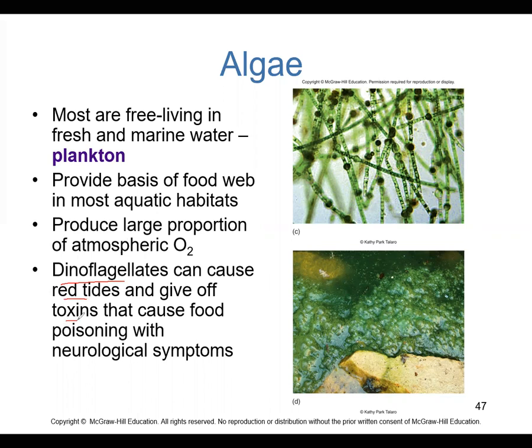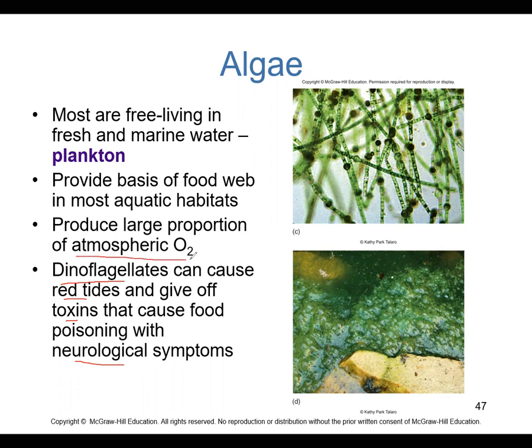And these give off toxins that will kill fish and other organisms. Your filter feeders like your clams and mussels will filter through this and it builds up in them. And if people eat those organisms that have been contaminated with this, they can have neurological problems or even die from it. And it takes several months for these toxins to be filtered out of the marine organisms.